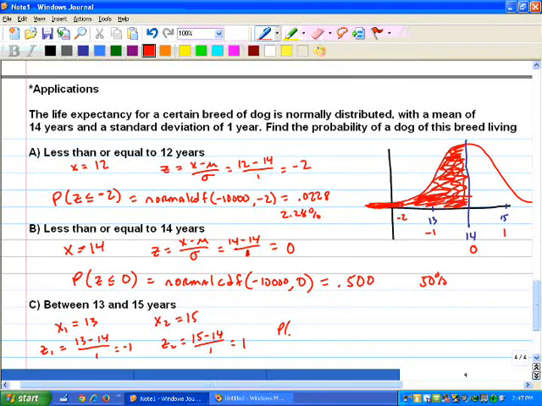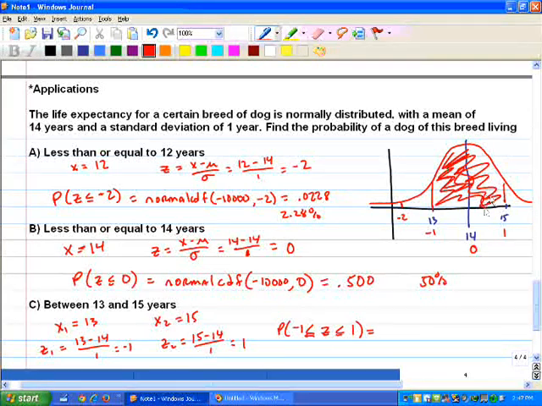So what we're finding is the probability that negative 1 is less than or equal to z is less than or equal to 1. Because this is a bell-shaped curve, this should be somewhere really close to 68%. We're looking for the area under the curve between 13 and 15, within 1 standard deviation of the mean.